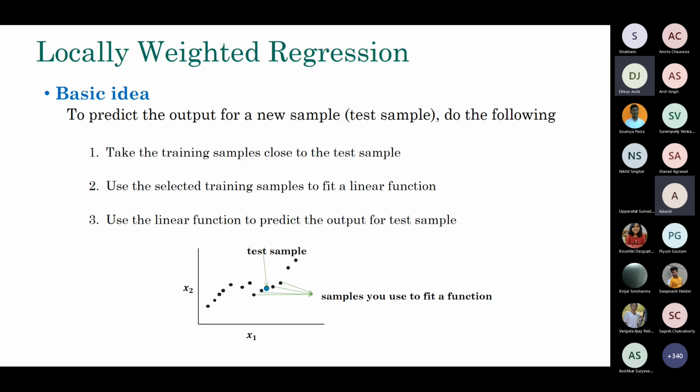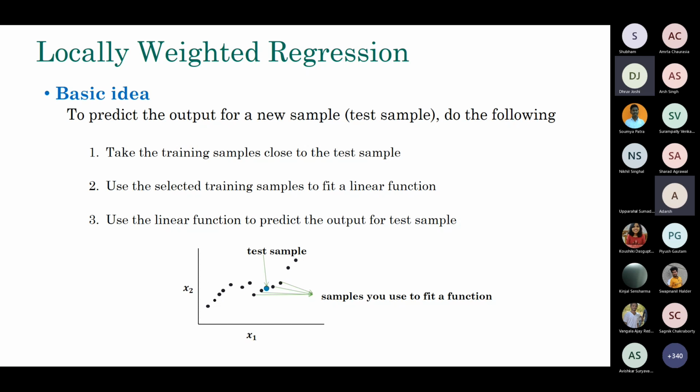But for the time being, assume there is some similarity or distance measure. You use that to find the close samples, and use only those to construct the linear function, train the model, get the parameters, and then you are done.